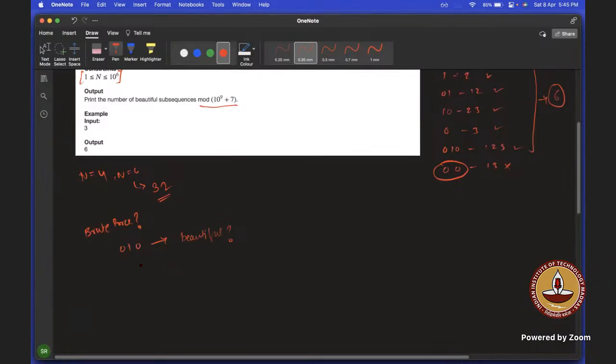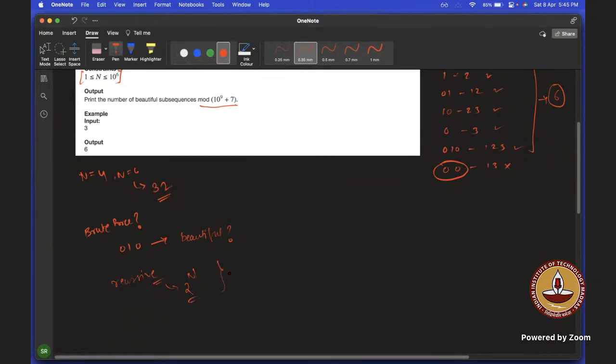But how do you find all the subsequences? We just use a recursive algorithm that adds 0 or 1 to the end and checks at each step. So it's recursive, and it would be something like 2 power n. Given the input range, n can be 10 power 6 also.